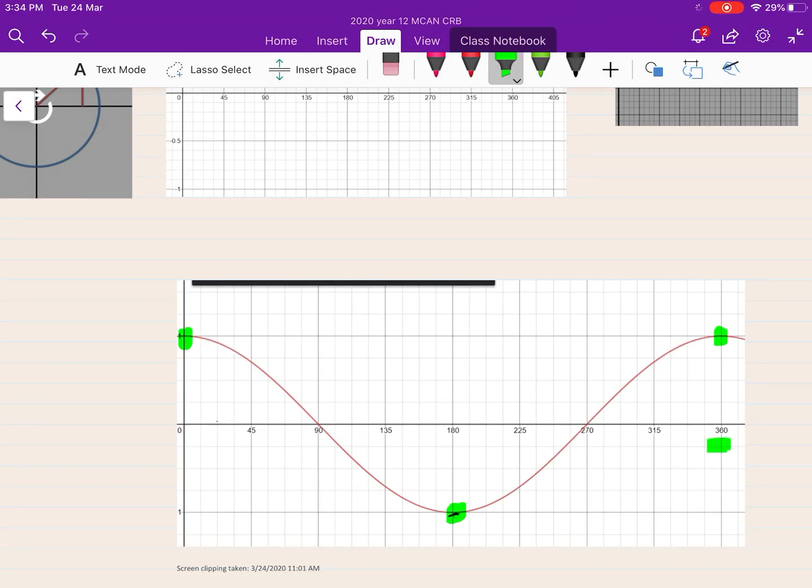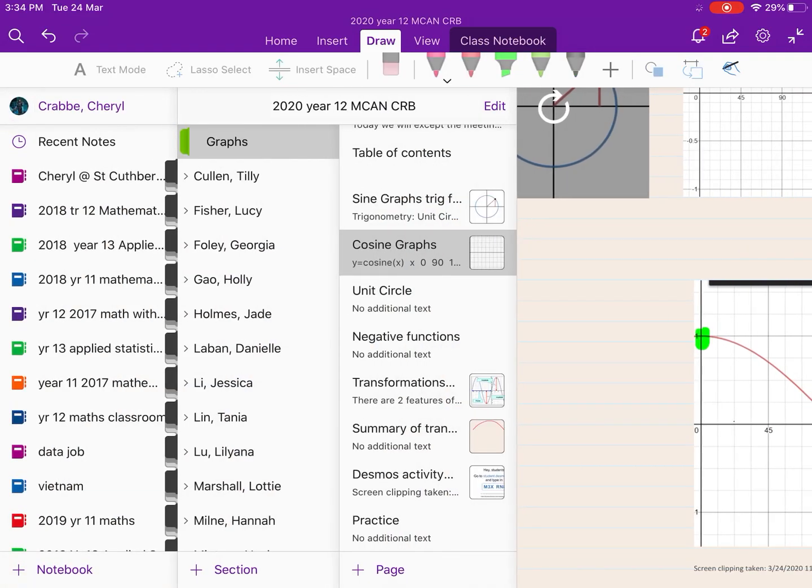So up, down, up. Max, min, max. That's a complete cycle at 360 degrees. So cosine is also 360 degrees. That's what we mean by a period.